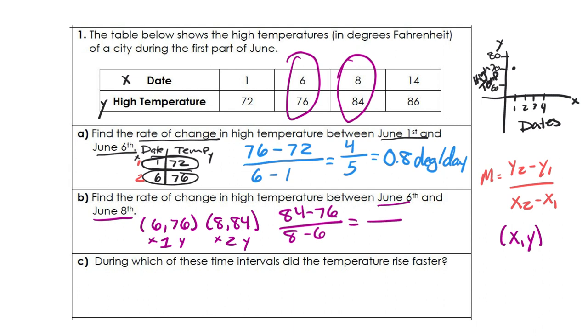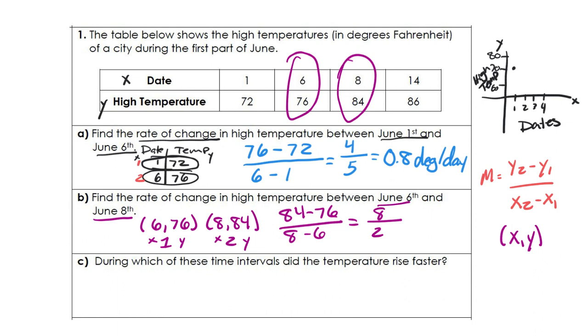So I would first put in my calculator 84 minus 76. So 84 minus 76 is going to give us 8. And then the next thing I'd do in the calculator is 8 minus 6, or if you know that already, that's perfectly fine, 2. So 8 over 2.